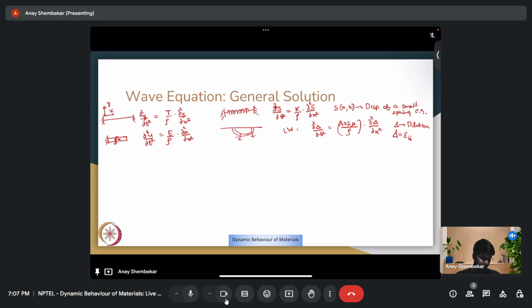So this is nothing but epsilon 11 plus epsilon 22 plus epsilon 33, the change in volume for an infinitesimal element.